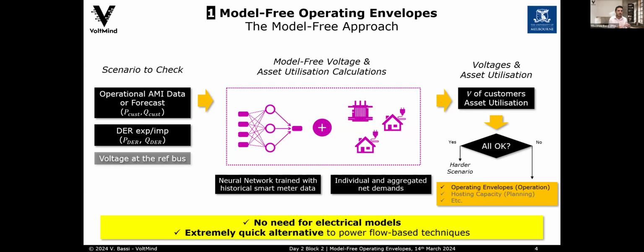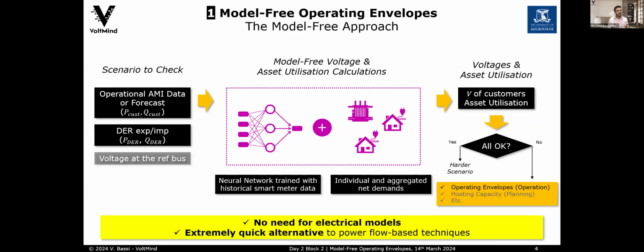So to do this, we are going to use either operational smart meter data or forecasts to define customers' demands, depending on the horizon for which we are calculating operating envelopes. And we are going to define the imports and exports for flexible customers that we are going to assess.